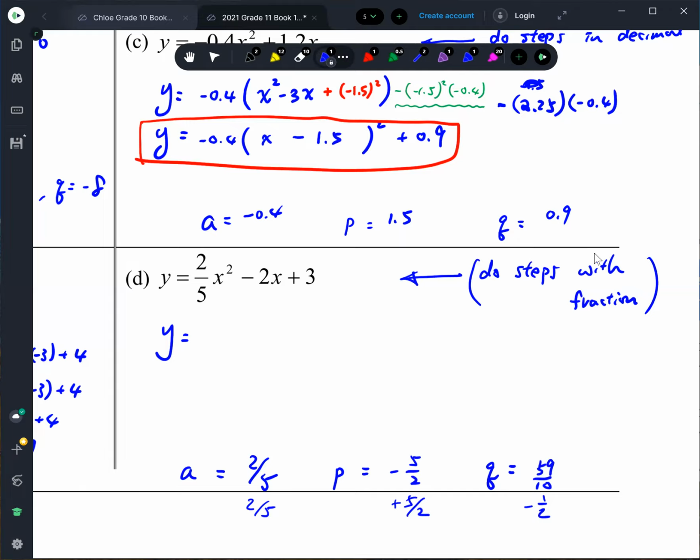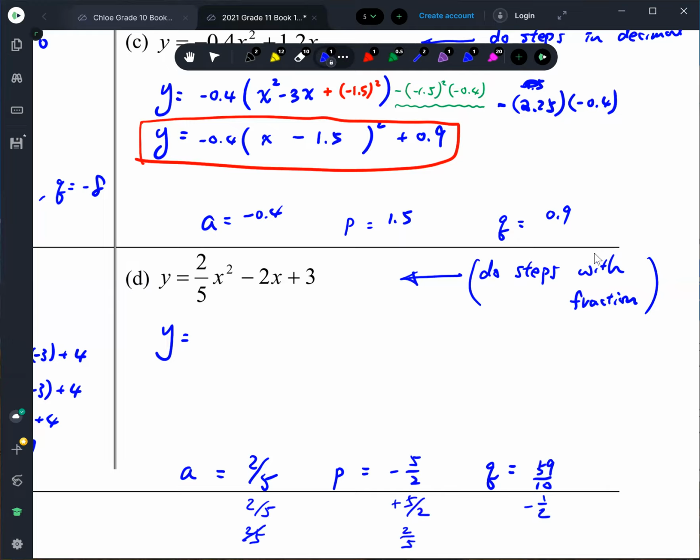Okay, Anya, what do you have? For A, I have 2/5. And I have 2/5 for P, so same as A. And for the last one, I put it in decimal.